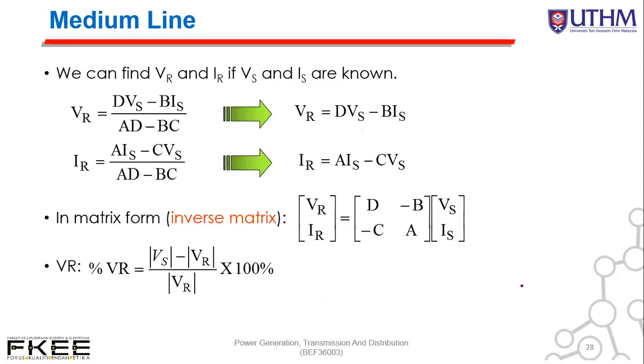So we can find the voltage at the receiving end and the current at the receiving end if we know Vs and IS.